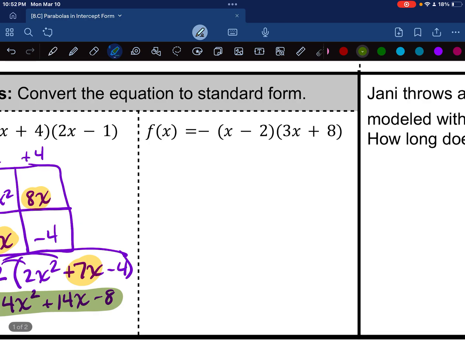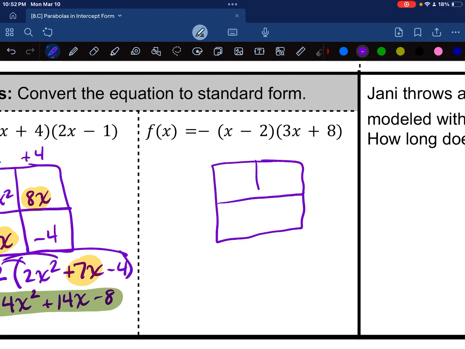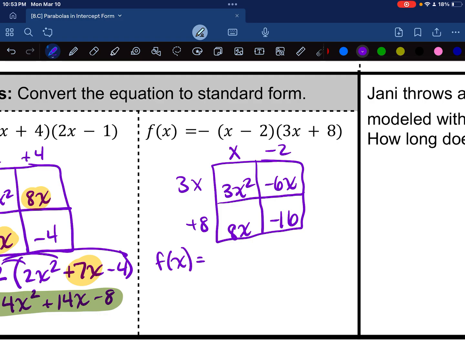Let's do that again. Okay, so I ignore the A value. I multiply, probably with a box. So I get 3x squared minus 6x positive 8x, and a negative 16. So don't forget your a. That negative is still hanging out.